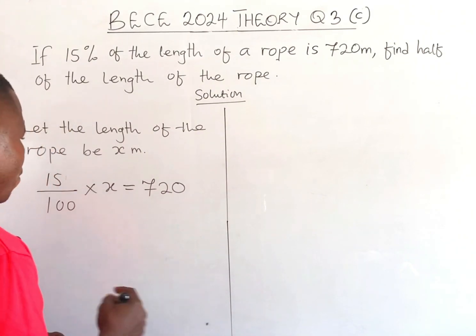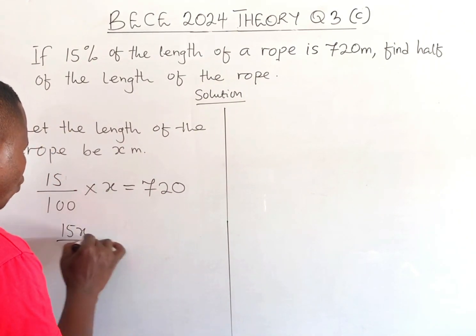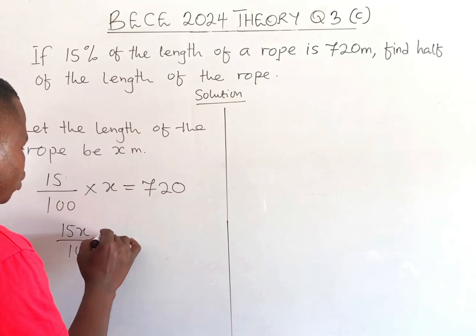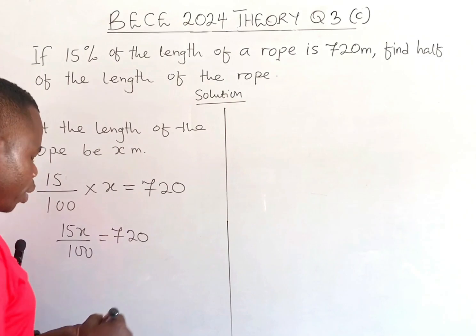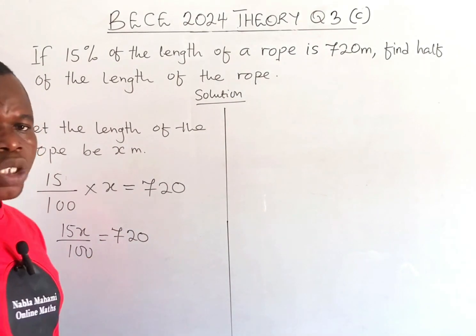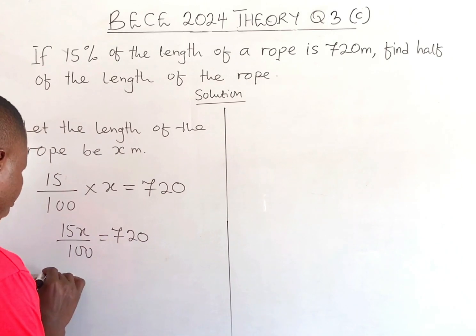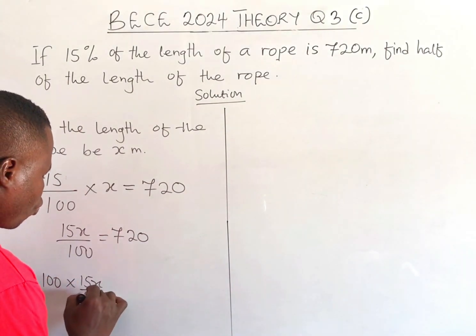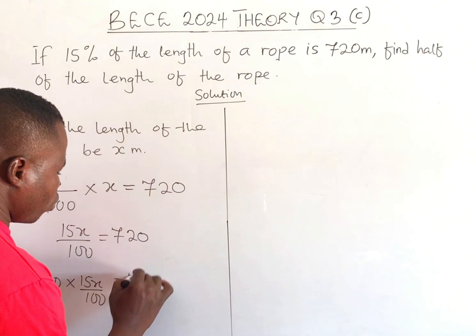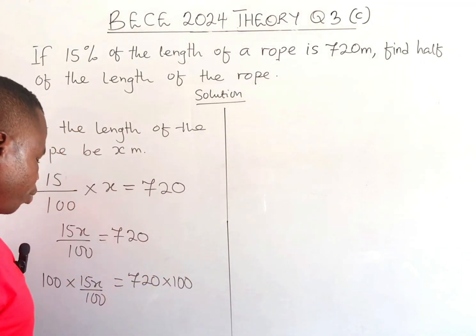So now, I will have 15 times x. That will be 15x over 100. And that will be equal to 720. Let's multiply both sides by 100 to clear the denominator here. So here I'll have 100 times 15x over 100 is equal to 720 times 100.